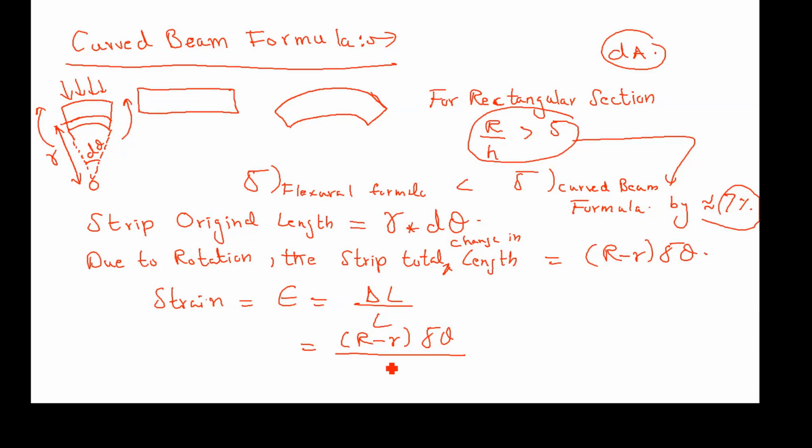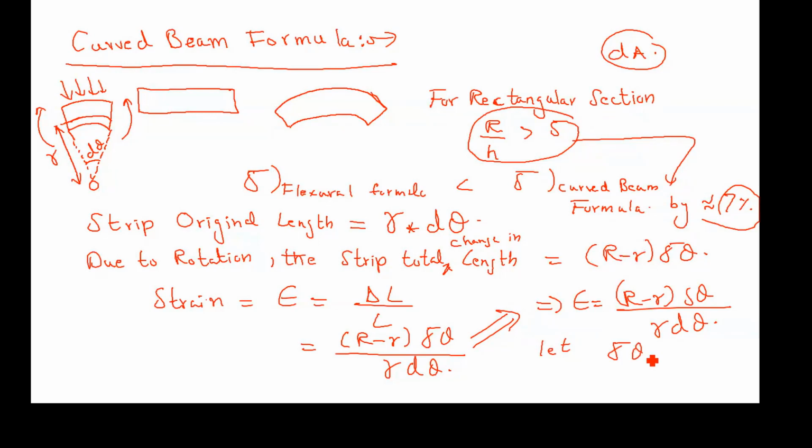So epsilon equals r minus r into change in theta divided by r d theta. So let us say that change in theta divided by d theta is equal to k. So what is k?